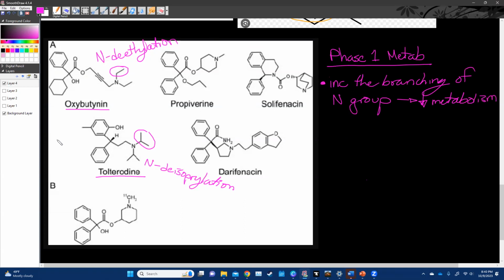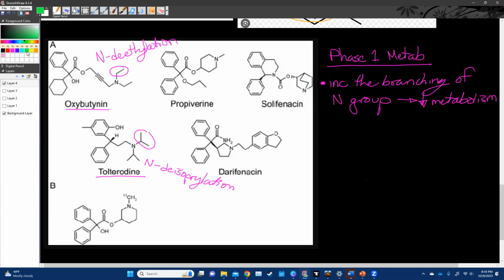Remember that dealkylation likes very, very simple groups, right? It loves taking a methyl group away, or it likes taking an ethyl group away. But as we modify the structure of oxybutynin, we get more and more structures that decrease that ability to snag a group.